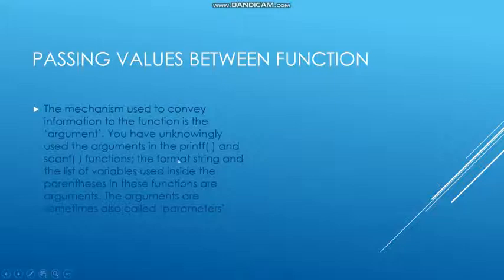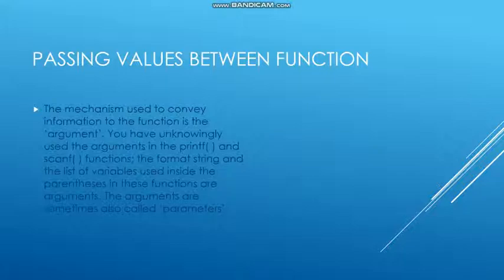What you pass in them are called parameters or arguments. The format string and the list of variables used inside the parentheses in these functions are arguments. The arguments are sometimes also called parameters. So sometimes the exam can ask you what are arguments, or sometimes what are parameters. So be prepared, it can be asked both ways.